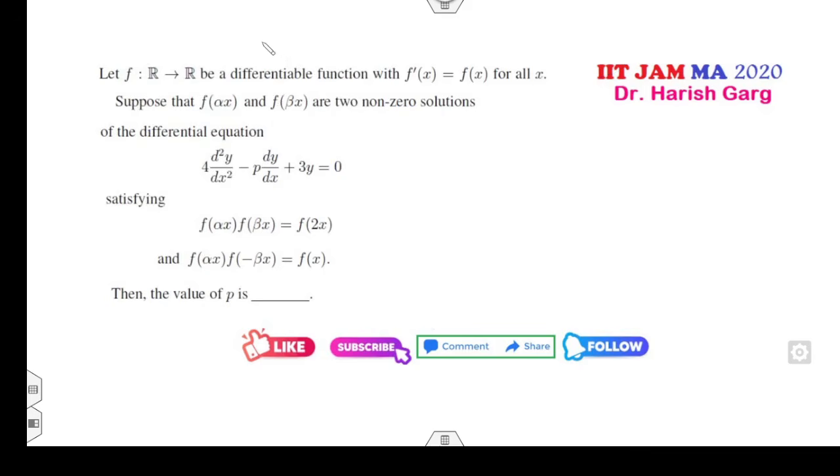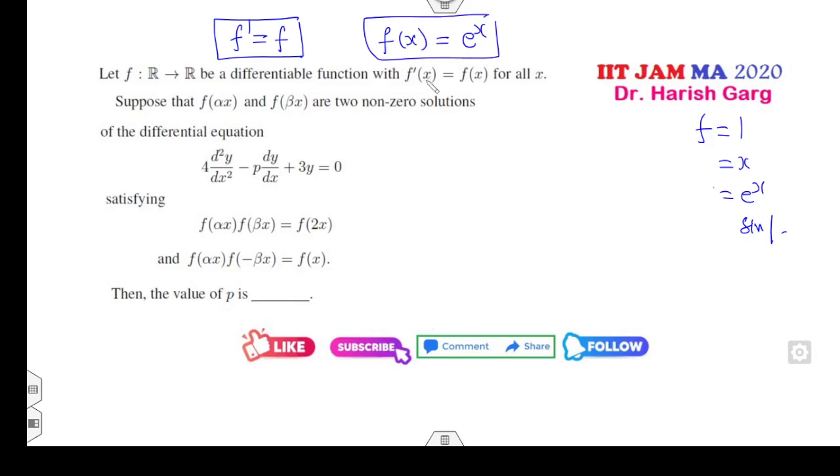F is a differentiable function such that f dash is my x. Does something come out of this for you? Any fx will satisfy this condition. So that means f of x will be e raised to power x. This condition will be satisfied. Fine. Then e raised to power alpha x and e raised to power beta x are the solutions of the differential equation. So this is the complementary function. So I can substitute there.